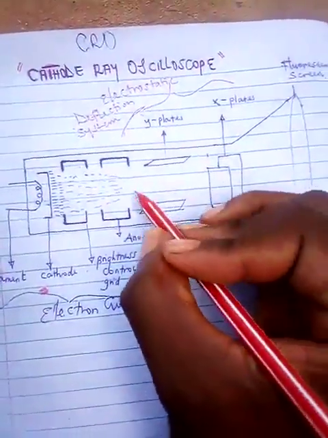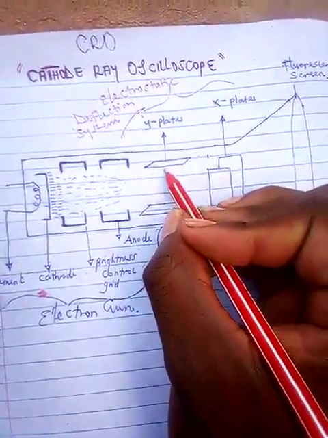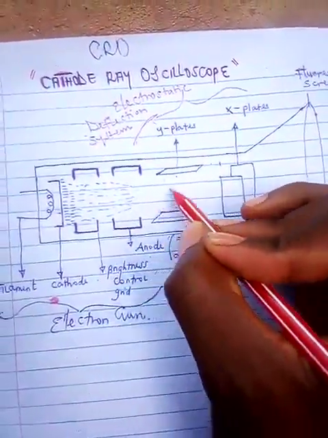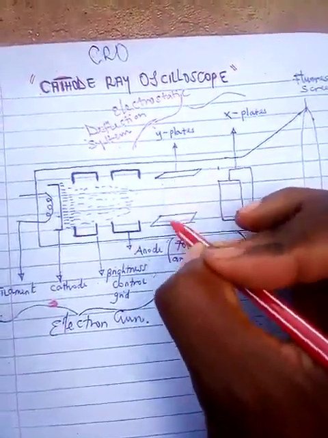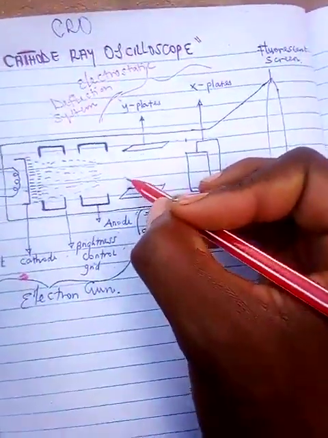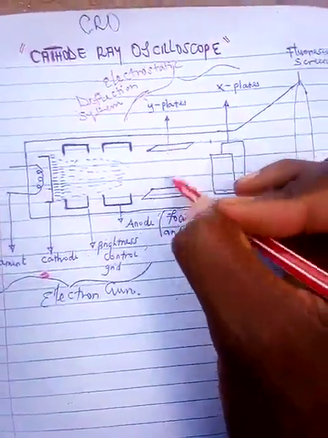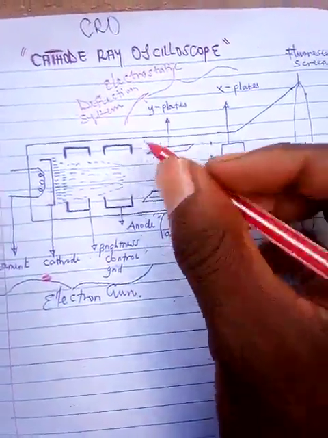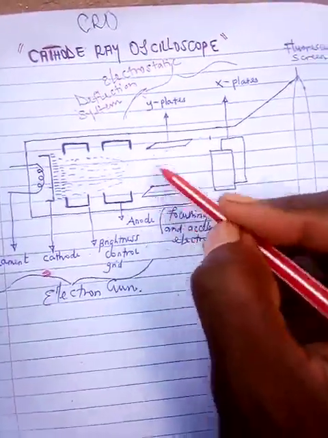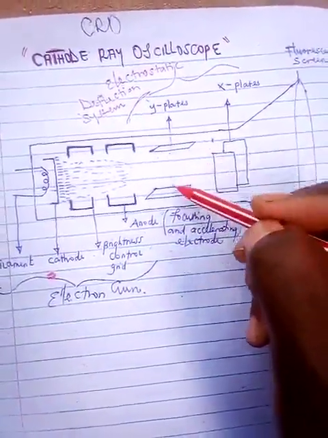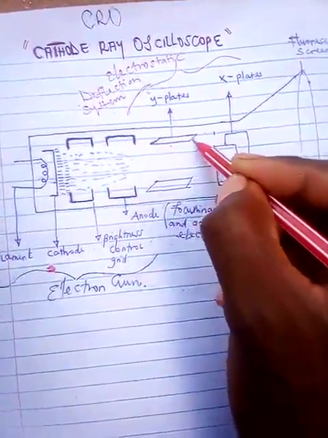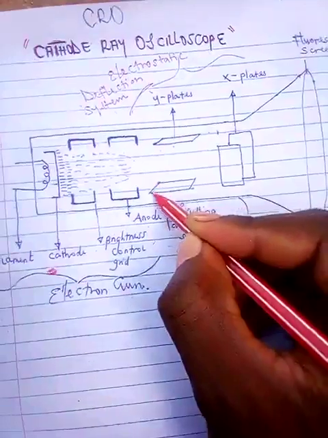The function of the Y plates is to deflect the electron beam, these electron rays, vertically. Just look at the way these metal plates are positioned.